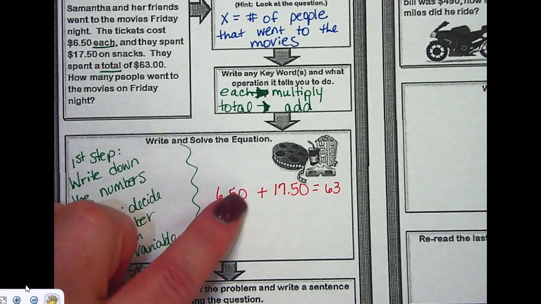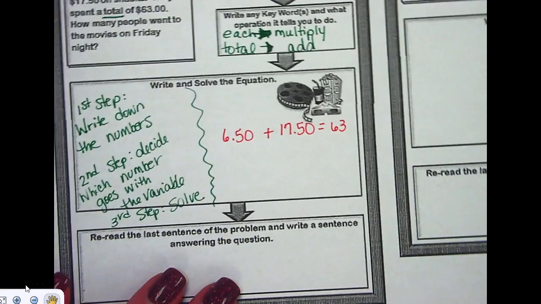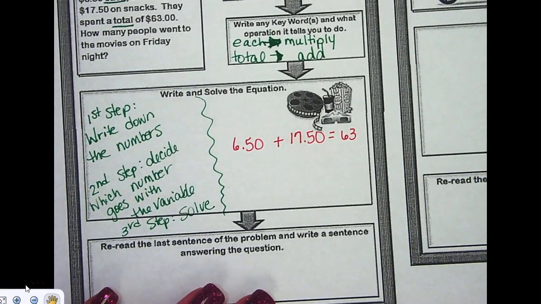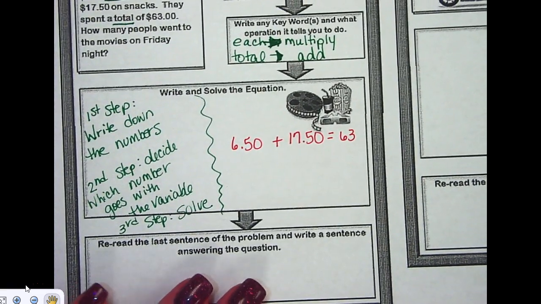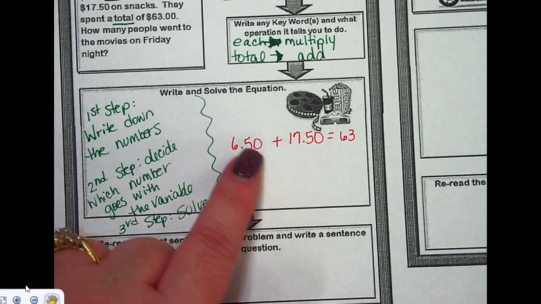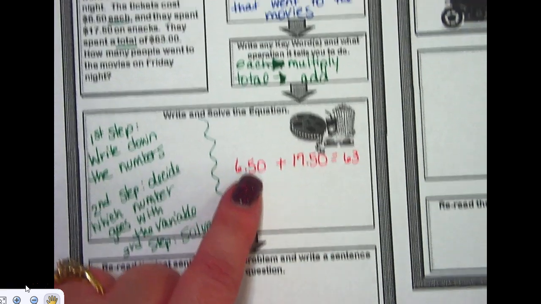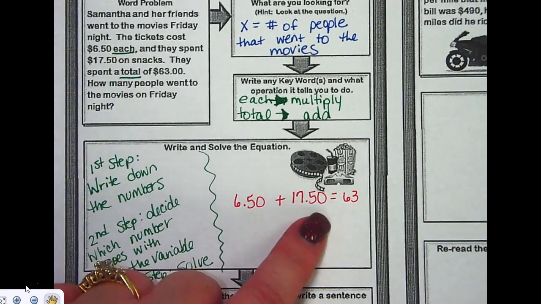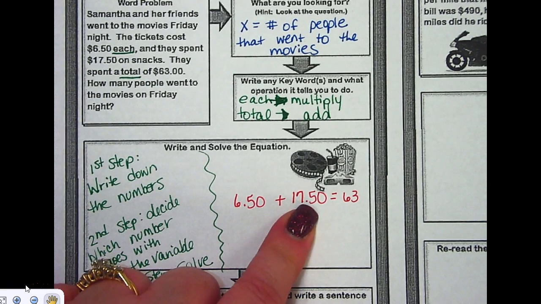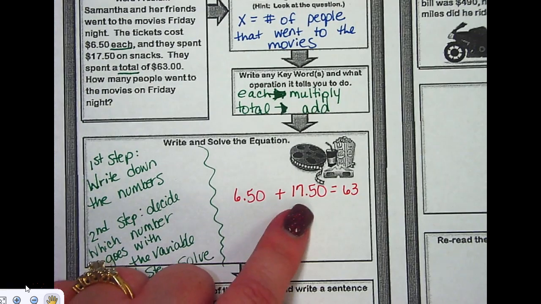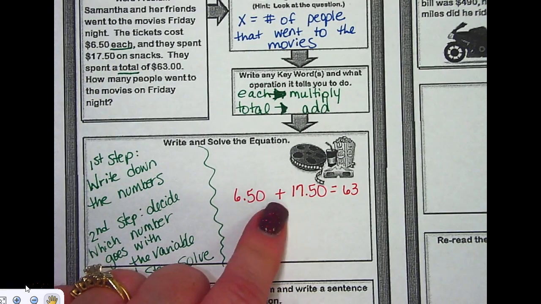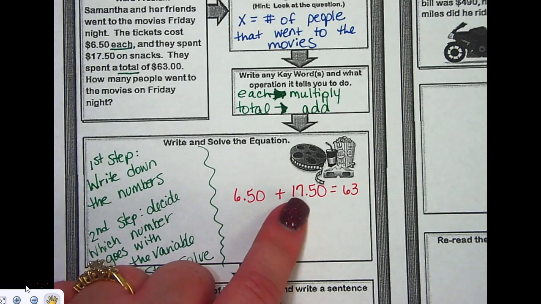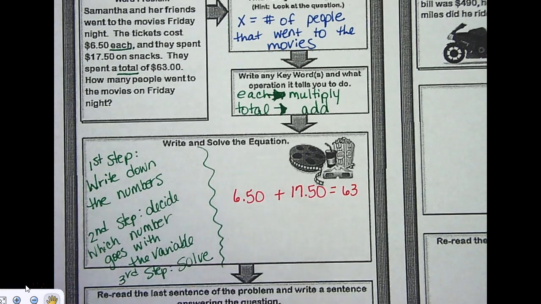So the first step was just writing down the numbers. Decide which number the variable goes with. Well, does the variable go with what the $6.50 represented, the tickets? Or did it go with the snacks? Which one do we not know how many of something we got?